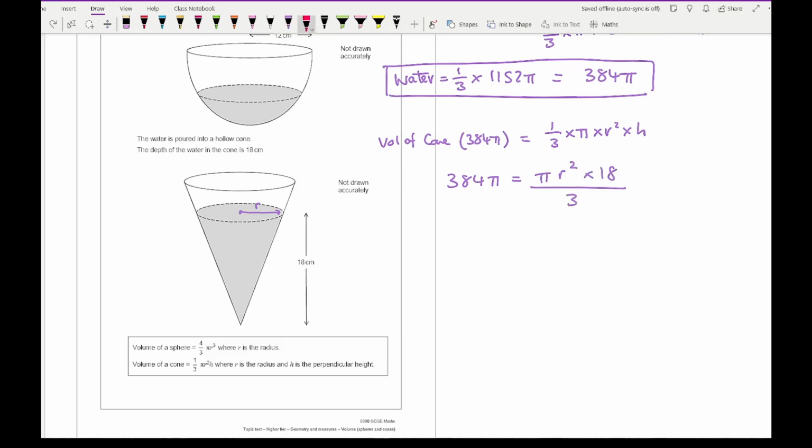Simplify the 18 and the 3, so that becomes 6. Take out the pi, so I've got 384 equals 6 r squared. Divide by 6 and I get 64. So if r squared equals 64, r has got to equal 8.